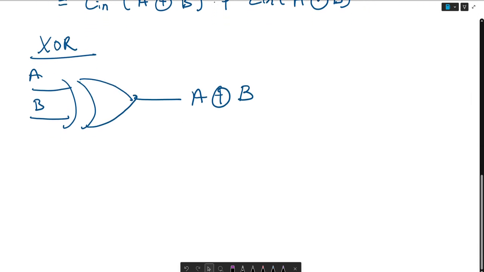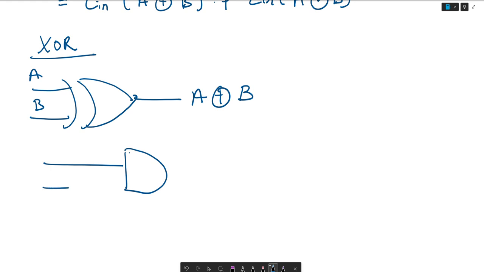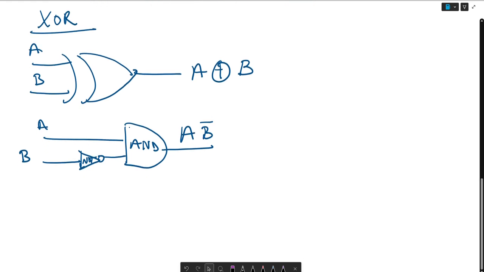And what it looks like is we take a B, we invert it, so this is a NOT gate. We invert it with A, and then we AND it. So this is A, B not.